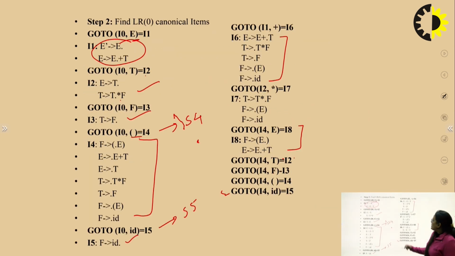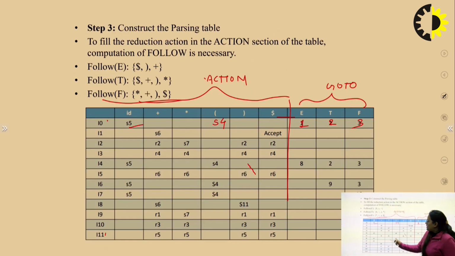Now next is I1 to plus, then I6, S6, and I2 to star, S7. I4 to open bracket, S4, I4 to ID, S5.